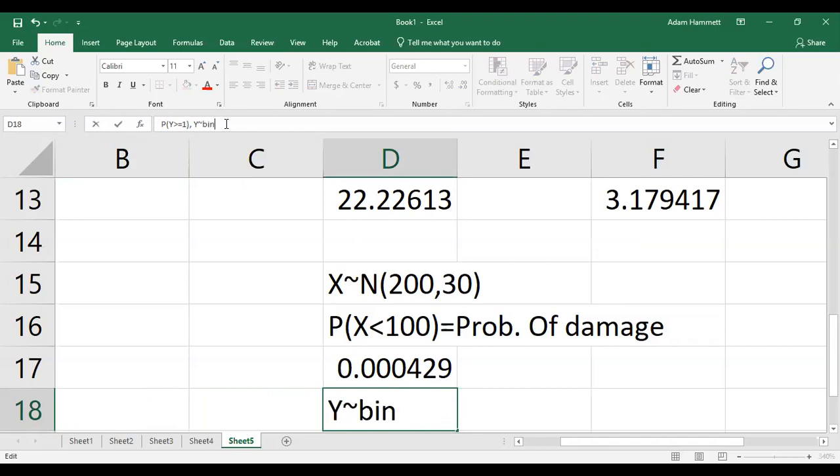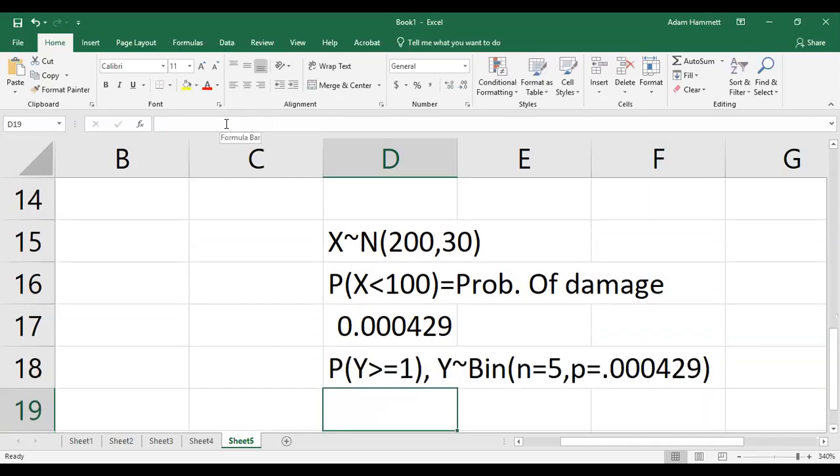Well, it's going to be binomial with n equal to 5. And what is the probability of damage? Okay, well it's 0.000429. Right, so p equal to 0.000429.